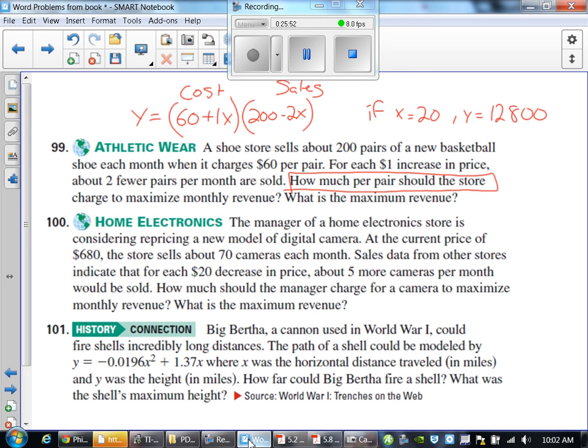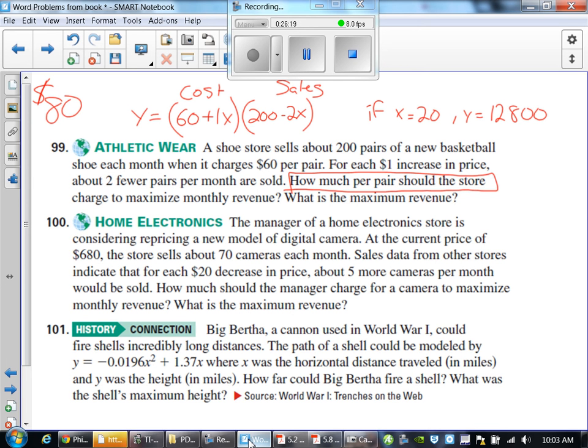Because what they're talking about here is not just the value of x, you take that and use it in your cost of sales function. The value of x means how much you should increase it, by $20, so you should sell it at $80. So if you're selling them for $80, you'll make the most money at $12,800.